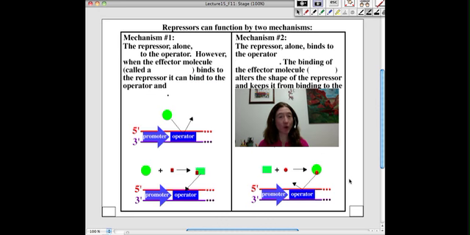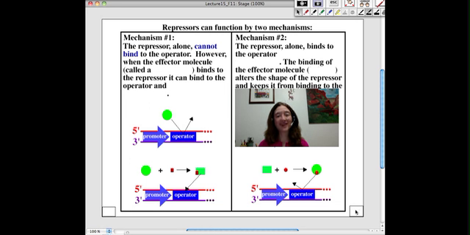We'll begin with repressors and looking at how repressors can be allosteric proteins. The first mechanism that we'll look at is when a repressor alone can't repress. That is, a repressor alone won't bind to the operator, but requires an effector molecule that enables it to bind. So jotting that down, the repressor alone cannot bind to the operator, but when the effector molecule finds and binds to that repressor, it does allow it to repress.